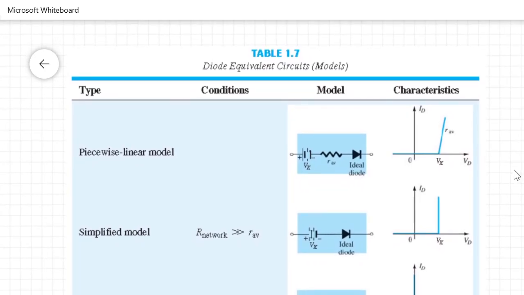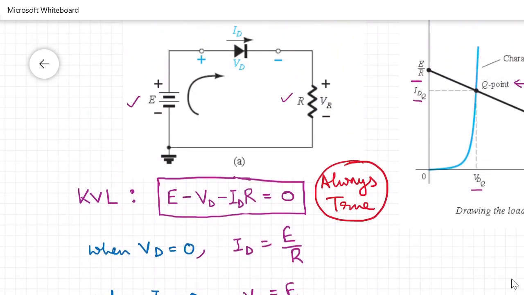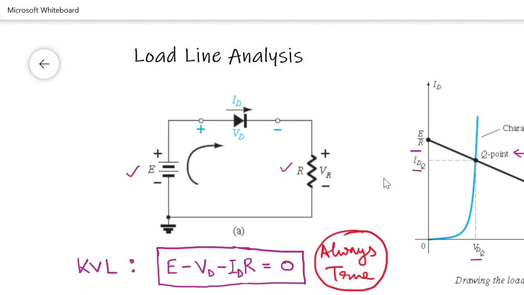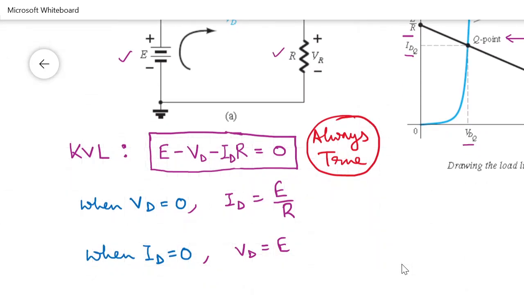In that case, we would have to shift away from the actual characteristics of the diode, because otherwise we have to solve the Shockley's equation every time. Let me point out one thing.